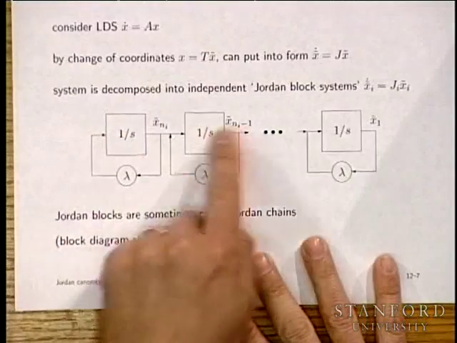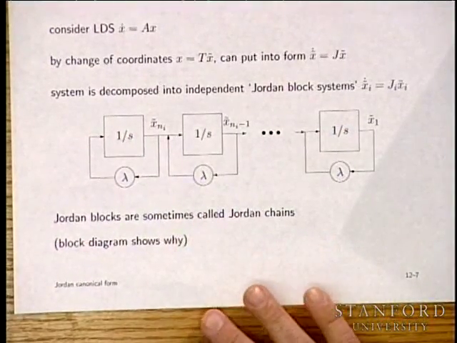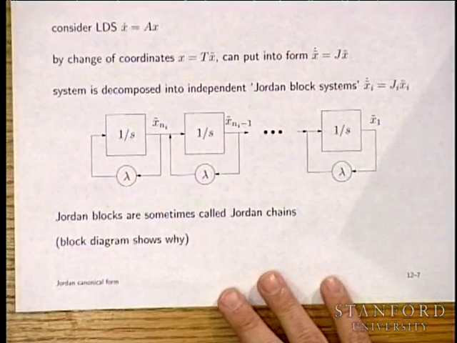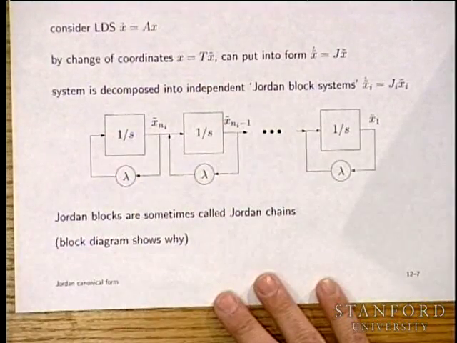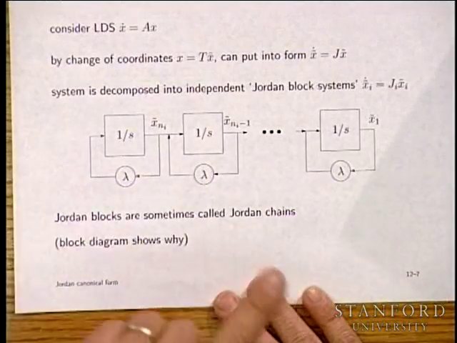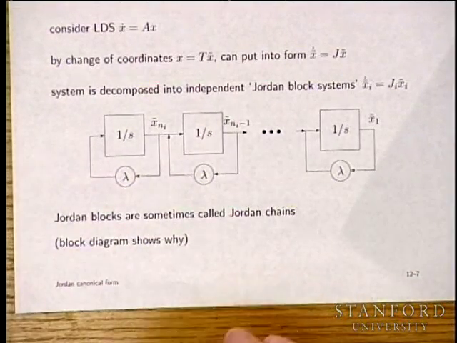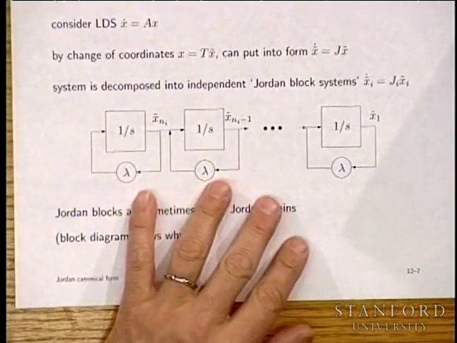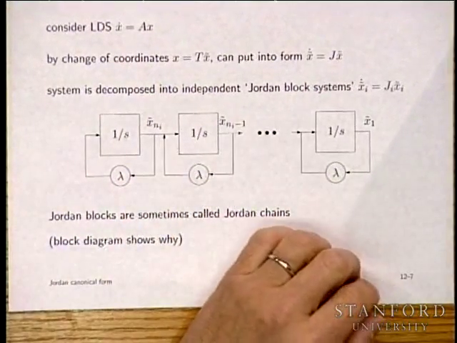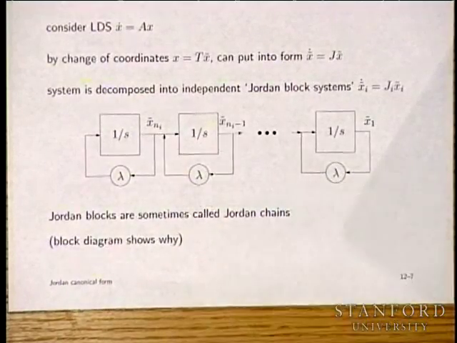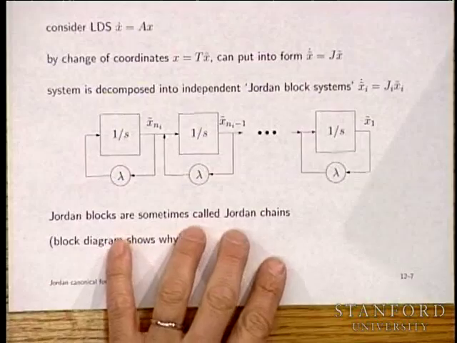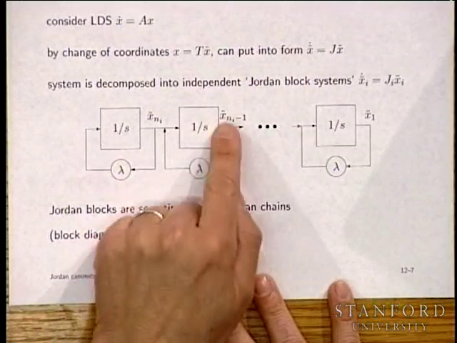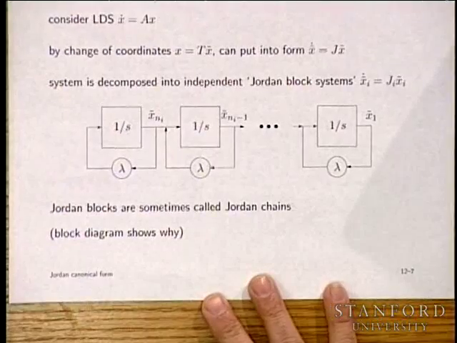And this is it. It's a chain of integrators. That upper diagonal of ones gives you a chain. So you should start thinking of an upper block of ones as giving you things like shift. It's a shift, or it's a chain in this case, like that, and so on. And then the lambdas are simply wrapped around this way.